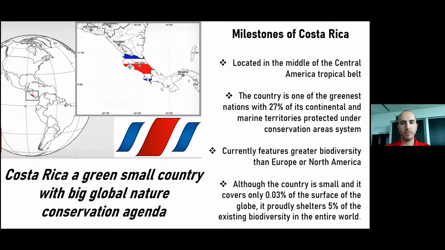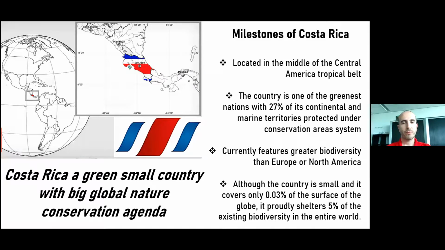As you can see on my screen, Costa Rica is in the middle of the American tropical belt. In the north, you have Nicaragua. In the south, you have Panama. In the west, you have the Pacific, and in the east, the Atlantic Ocean.